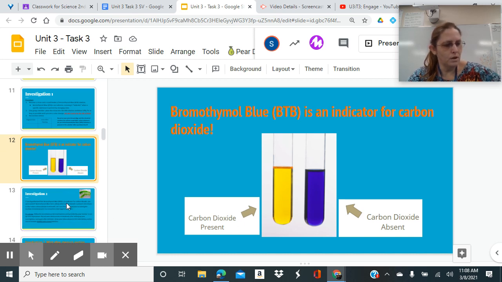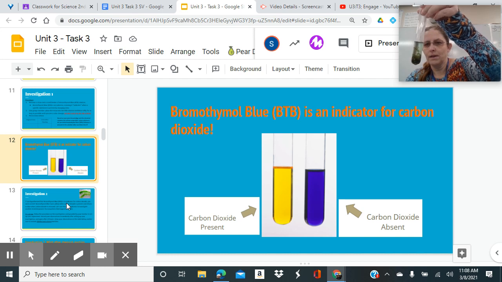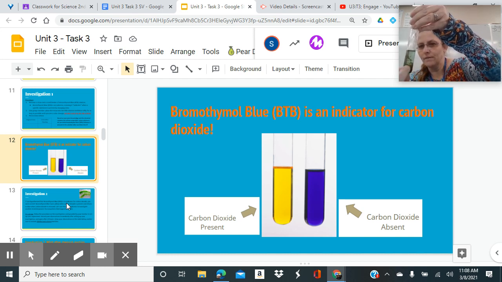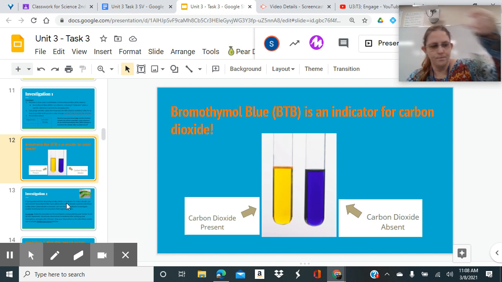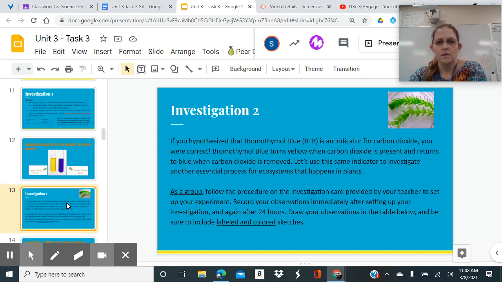Now, if you look at this one, this has a plant in it. And the plant gives off carbon dioxide, not using photosynthesis. So that is why this is not blue, because the plant is giving off carbon dioxide. So that's a hint for your next investigation.